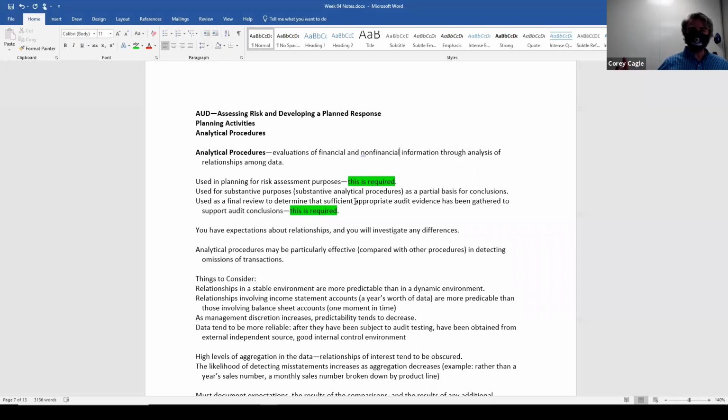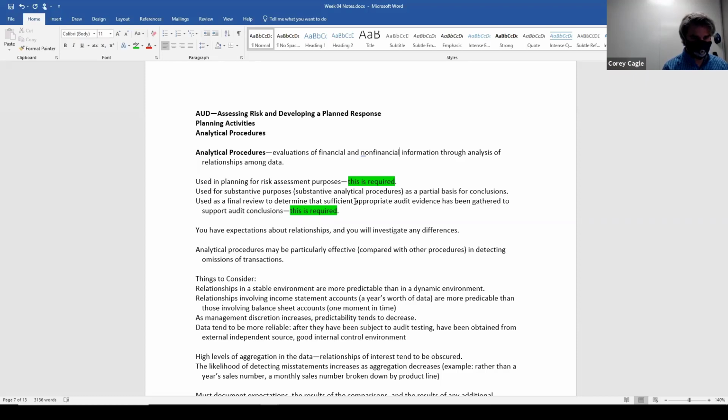Do you have enough warehouse space to theoretically hold this number of inventory? Because people overstate inventory a lot. Number of employees, that kind of thing. So it doesn't have to be dollar figures that you're doing your analytical procedures on. It should be anything that you find useful.